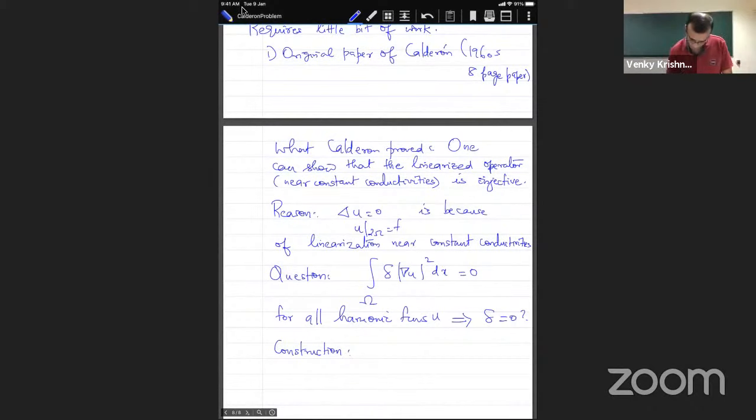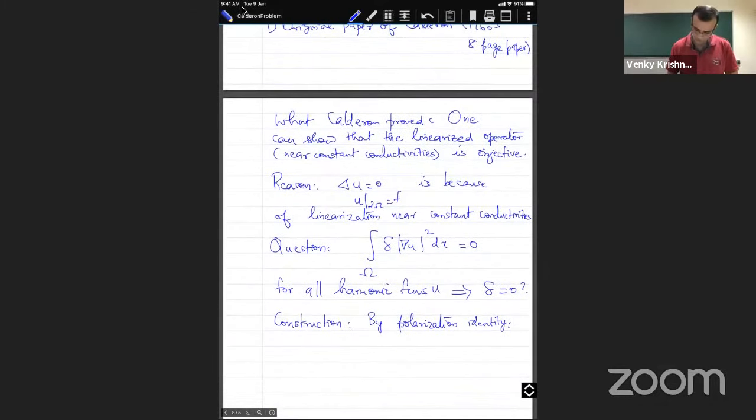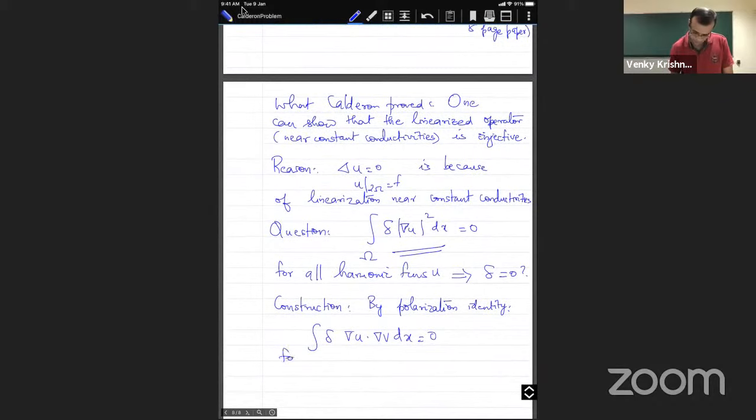The first step is the bipolarization identity. If it is true that the integral of delta grad u squared dx is equal to 0, then it's the same as saying this is equal to 0 for u and v harmonic.